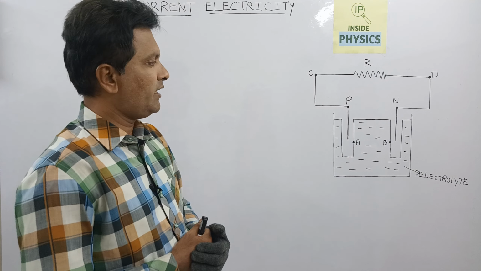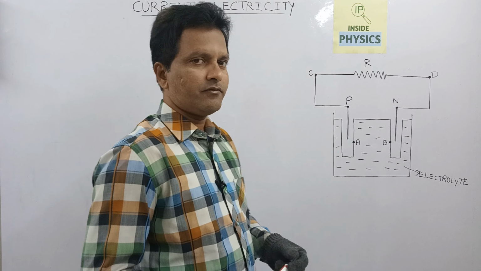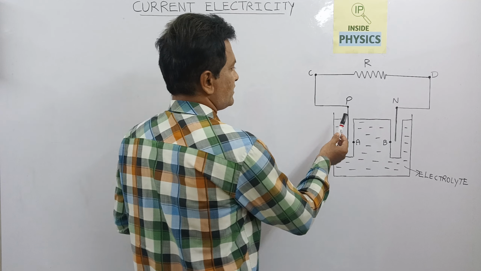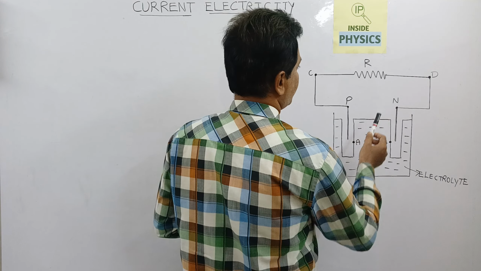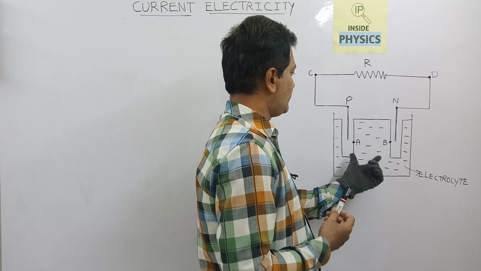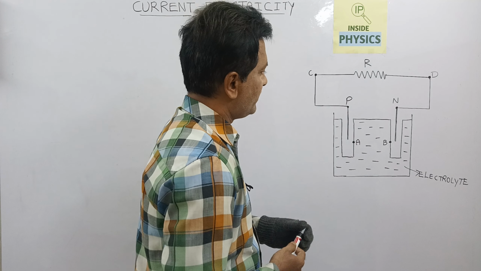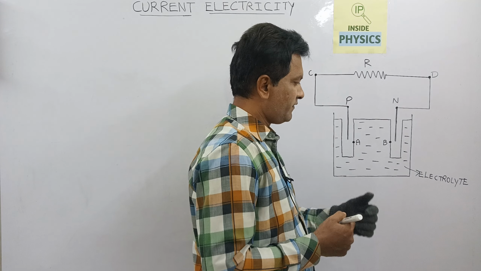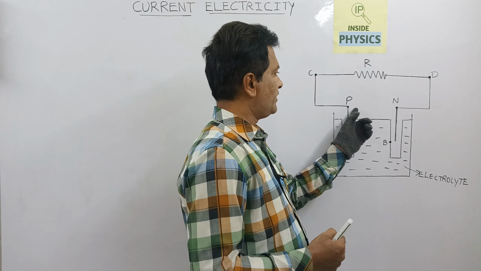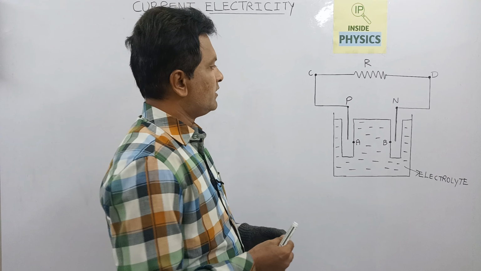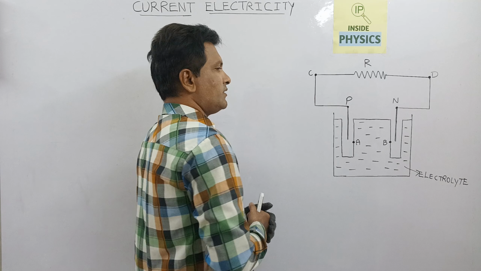This is the positive electrode and this is the negative electrode, generally metal rods dipped into the electrolyte. The EMF of the cell is defined as the potential difference between these two electrodes.